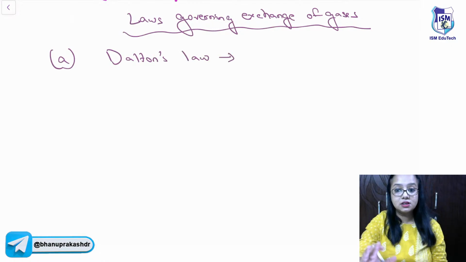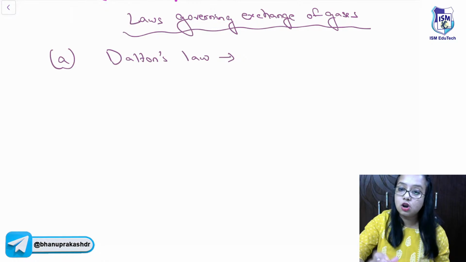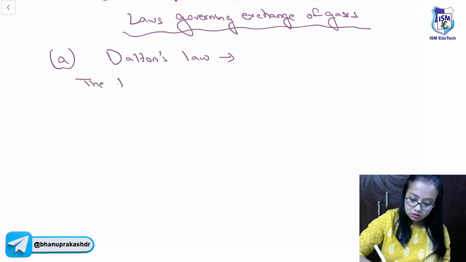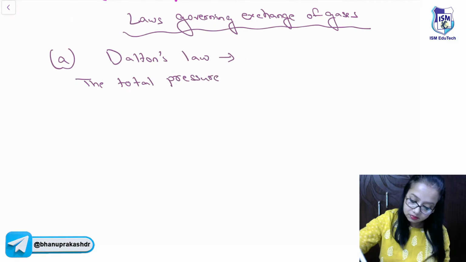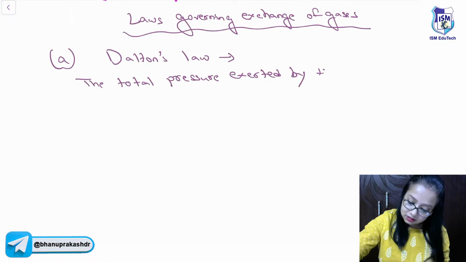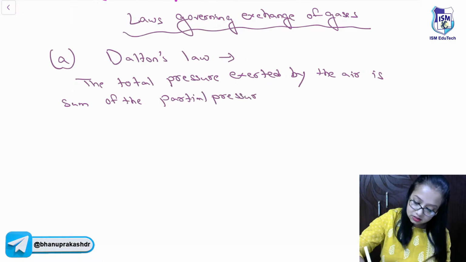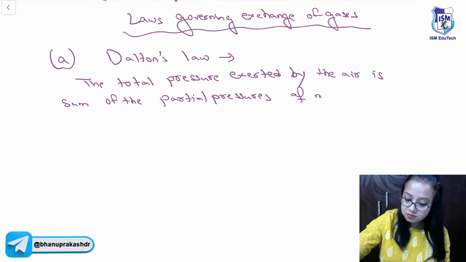Now, what does Dalton's law talk about? Dalton's law talks about partial pressure. According to it, the total pressure exerted by the air is the sum of the partial pressures of many gases.